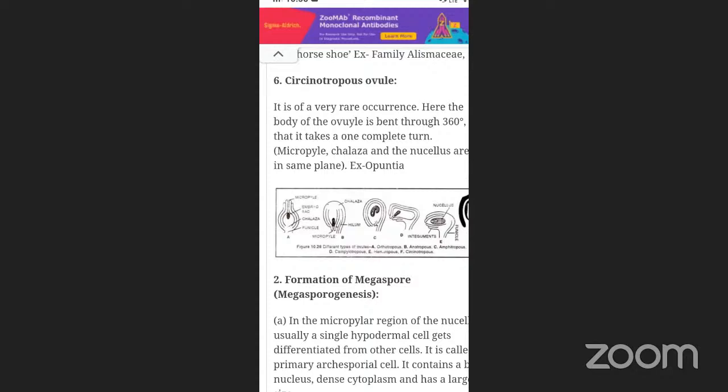Another structure is the obturator. The structure which is generally associated with the function of directing the growth of the pollen tube towards the micropyle is called the obturator.